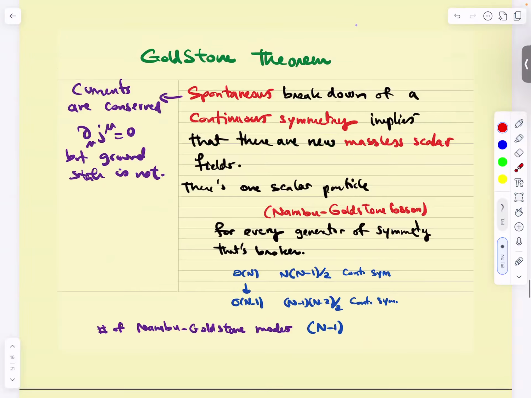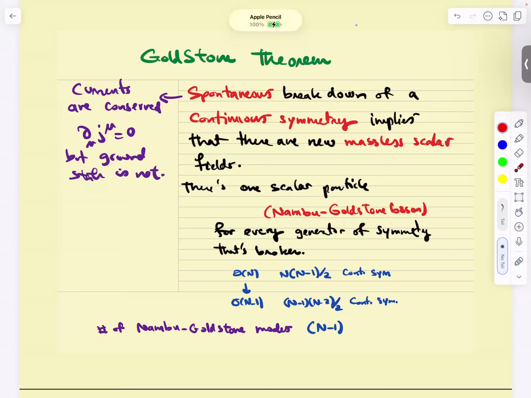Here's the Goldstone theorem. Spontaneous breakdown of a continuous symmetry implies that there are new massless scalar fields. Every time you have a continuous symmetry, recall that for every generator you get a charge. So you have these conservation laws. Notice that the conservation law is still correct.